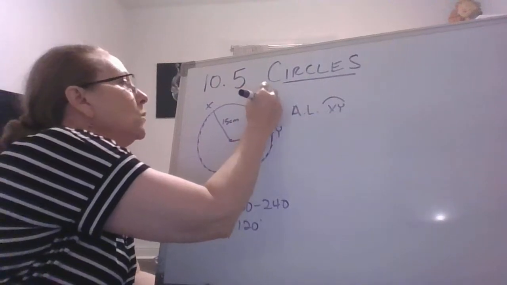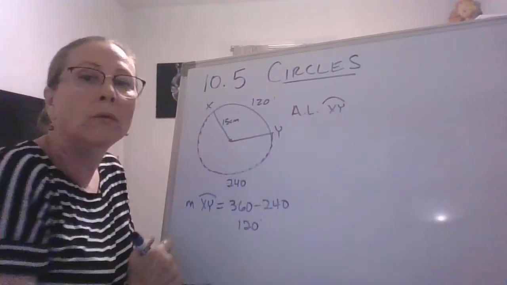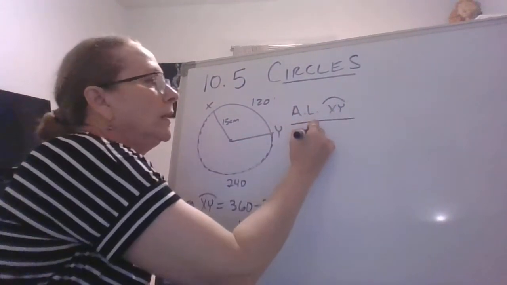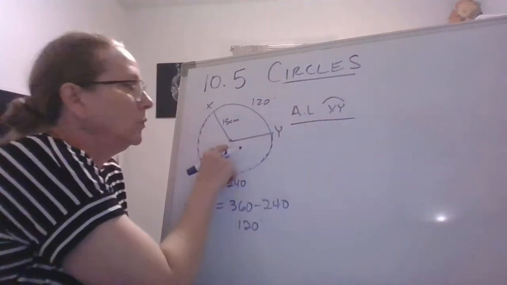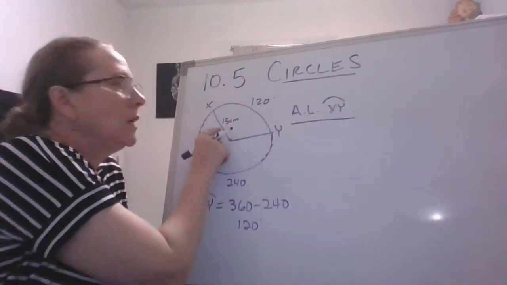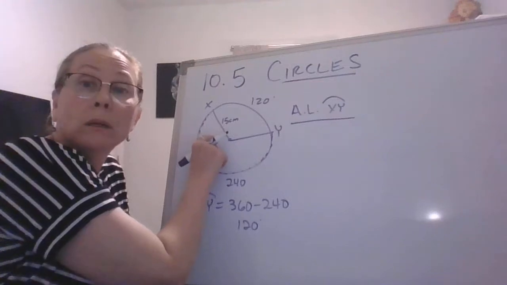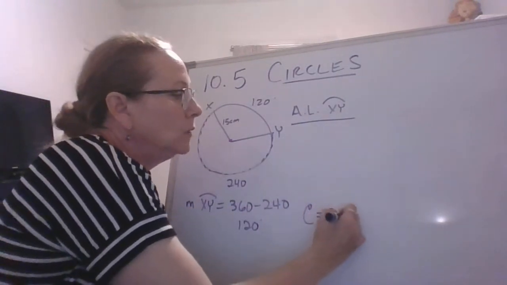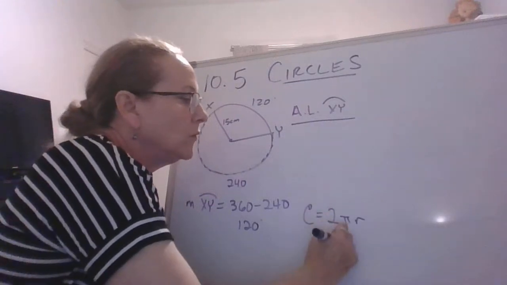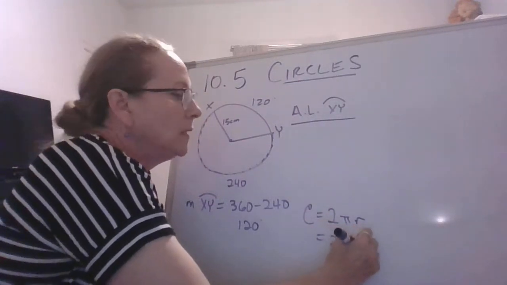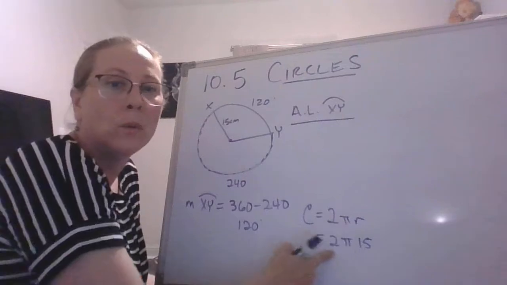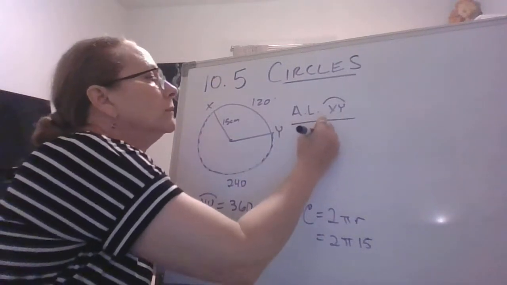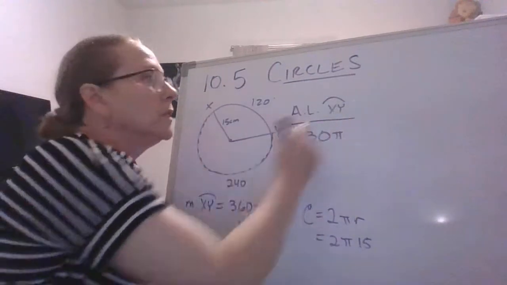So now we know this one. When we're looking for our arc length of XY out of our circumference, what's our circumference? Well, this time we have radius, so it's 2 pi r. So our circumference is 2 times pi times 15. Simplified, 30 pi. There's our circumference.